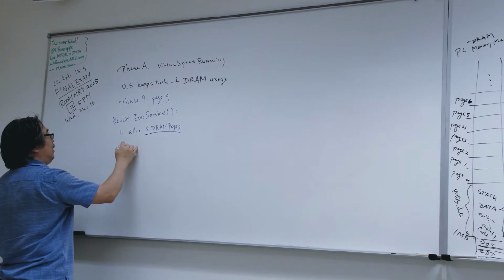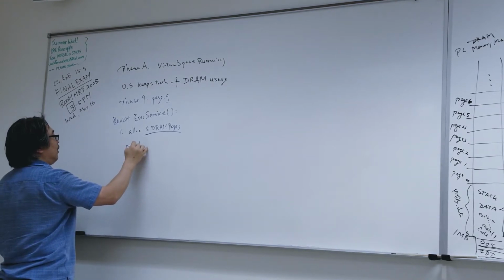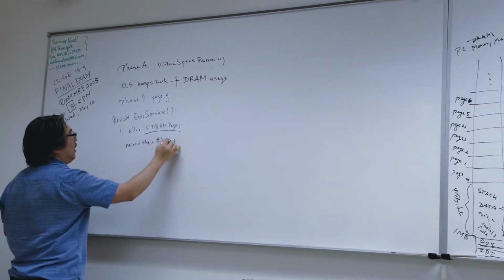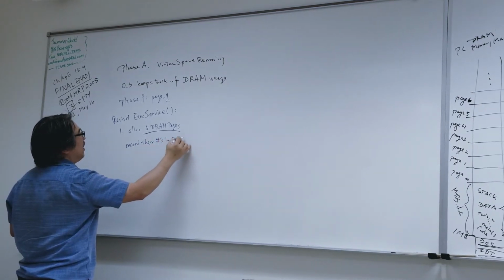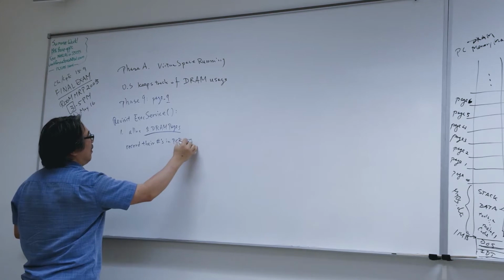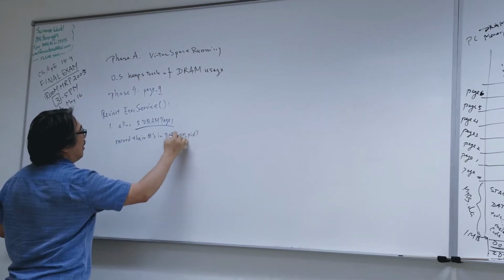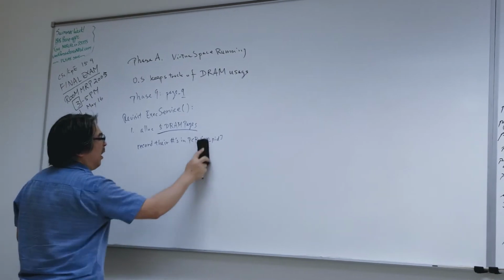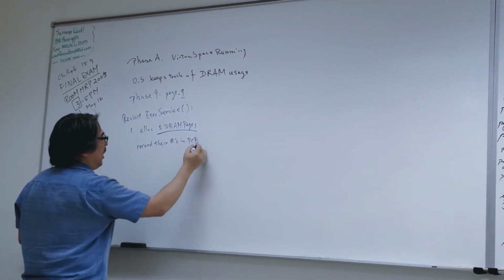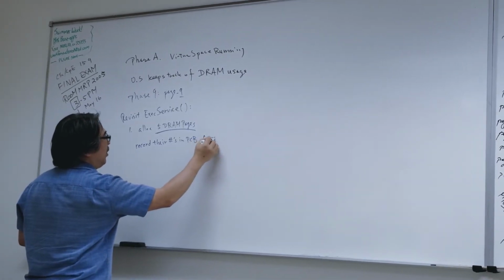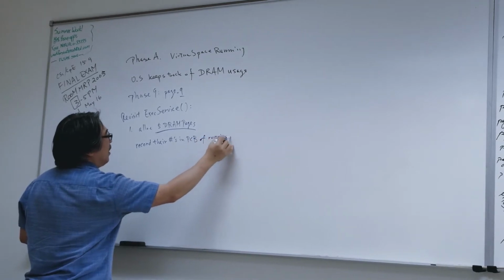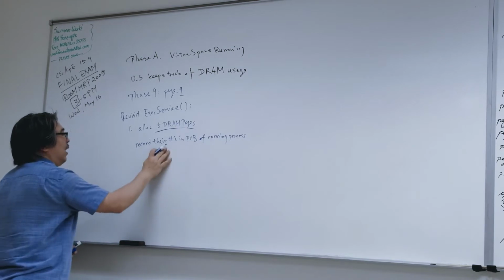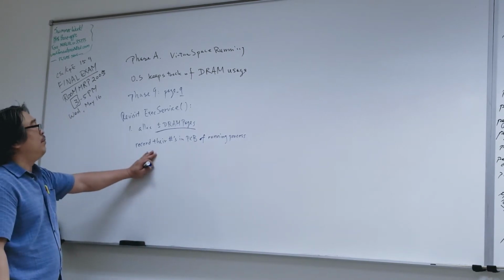So we record their numbers in the PCB of this running process. Okay. So this is the PCB of the running process. To do what? To reclaim them.